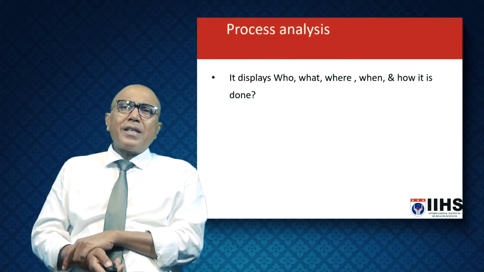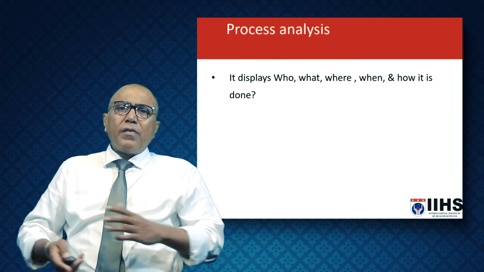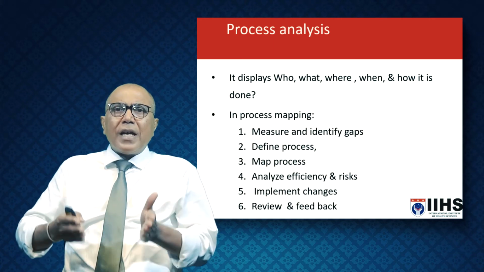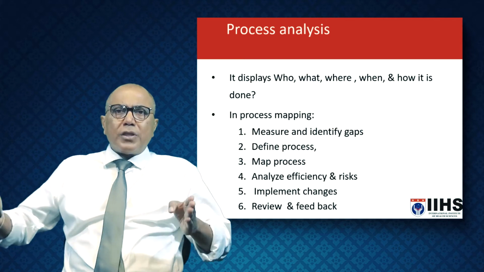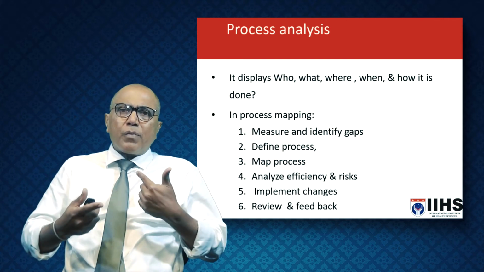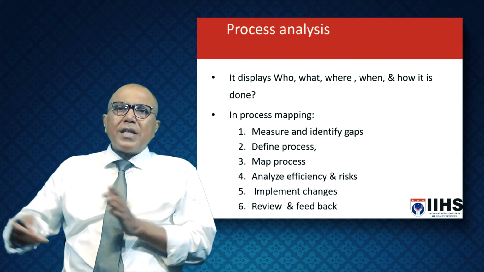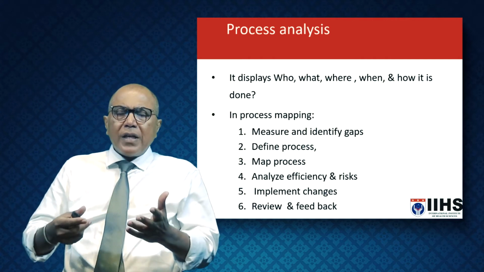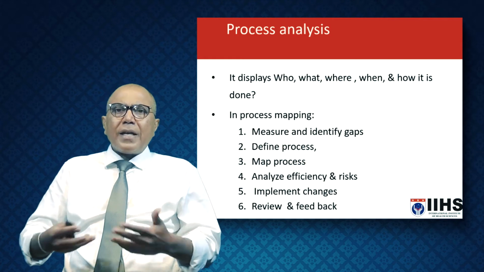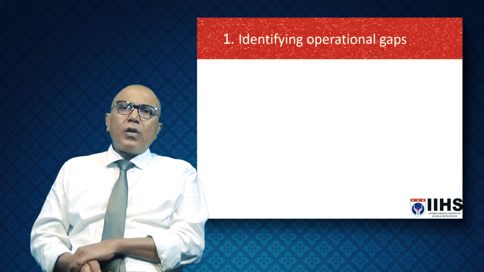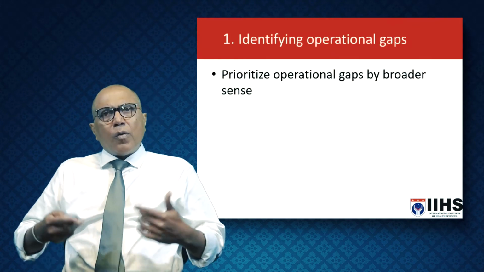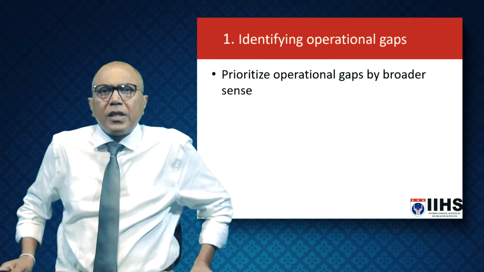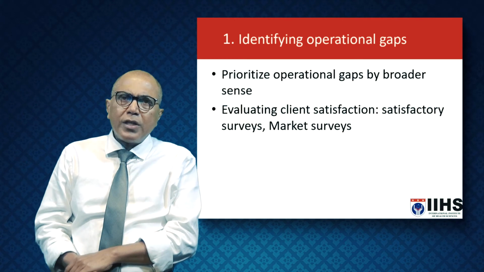So basically in the process analysis, we will look at what is to be done. First we measure and identify the gaps in the process, right? First we define the process, then we map the process, and then analyze the efficiencies and risks, then implement the process plan, and then review and do the needful. The first one is identifying the operational gaps. It's very important to prioritize the operational gaps in a broader sense.